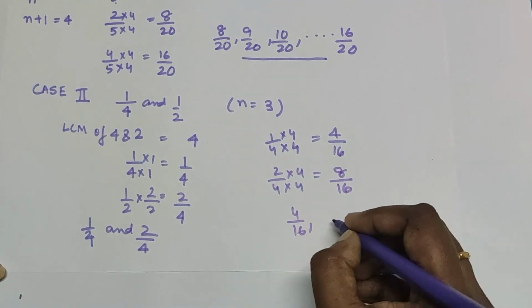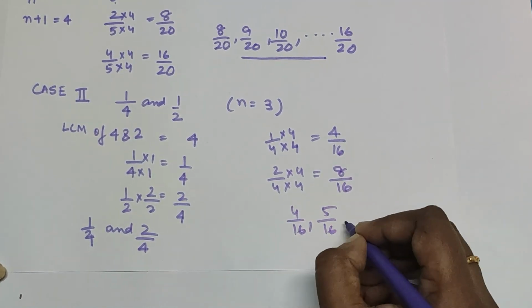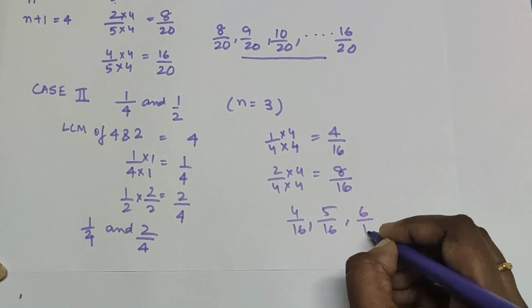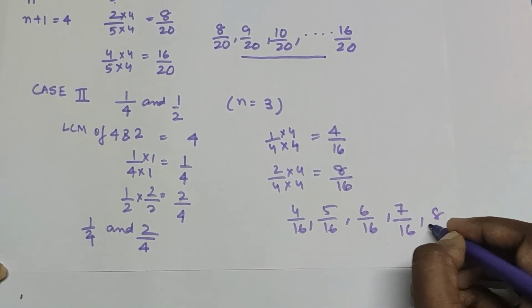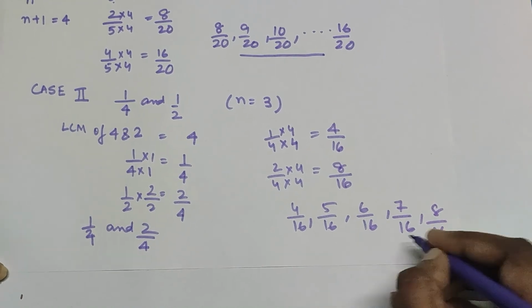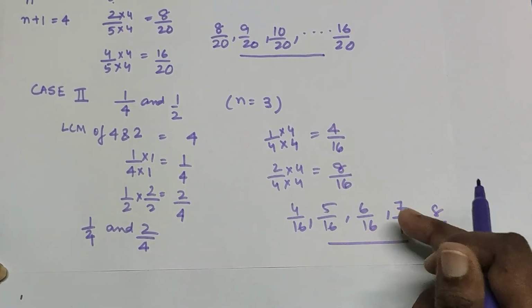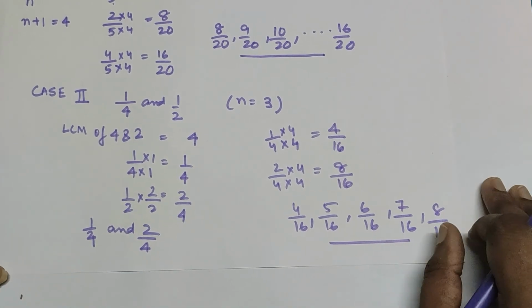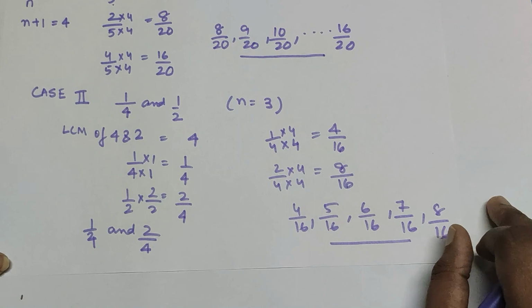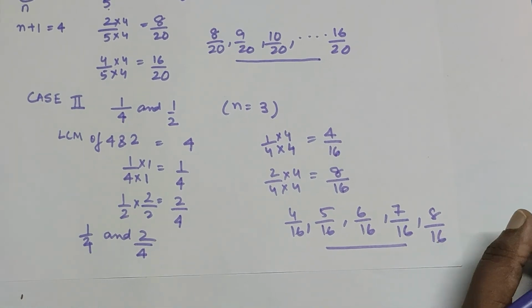So all the rational numbers between these two numbers are our answers. Here the 3 answers are 5/16, 6/16 and 7/16. So these are the 2 cases for inserting rational numbers. Thank you for watching.